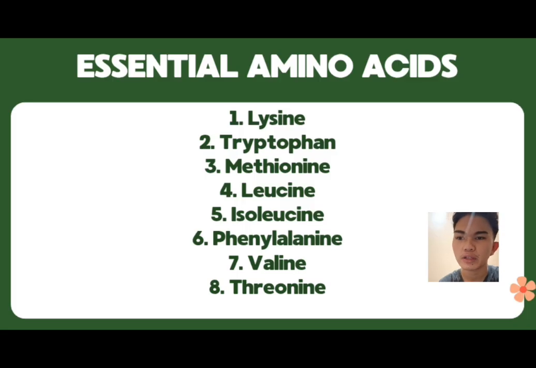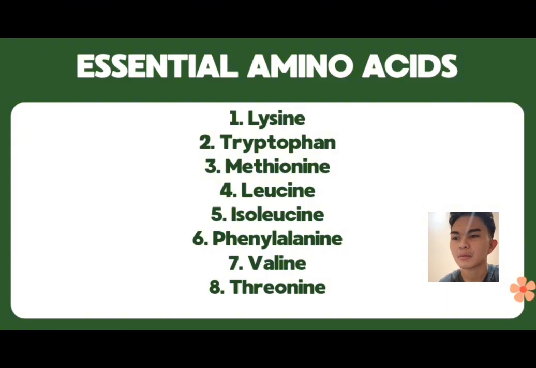Leucine kay sa whey protein, salmon, and soybeans. Also sa lean pork. Isoleucine kay sa eggs, turkey, cashews, chickpeas.